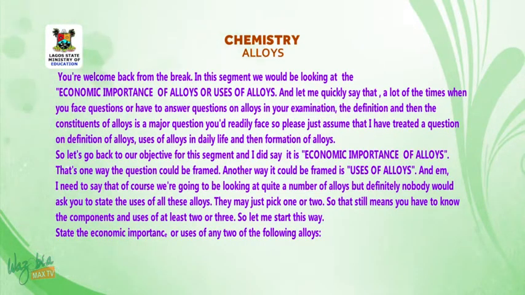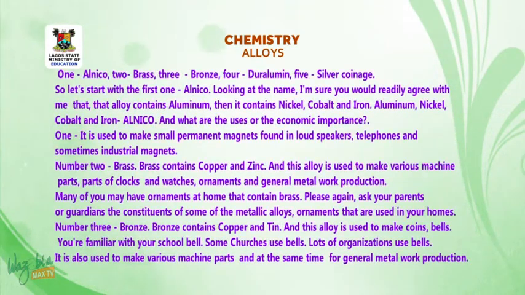So let me start this way. State the economic importance or uses of any 2 of the following alloys. 1, Neco. 2, brass. 3, bronze. 4, duralumin. 5, silver coinage.